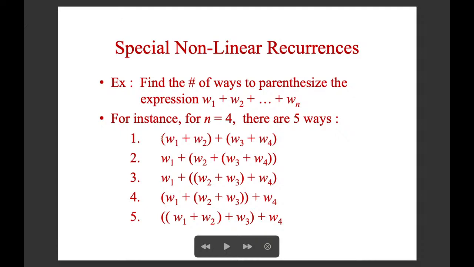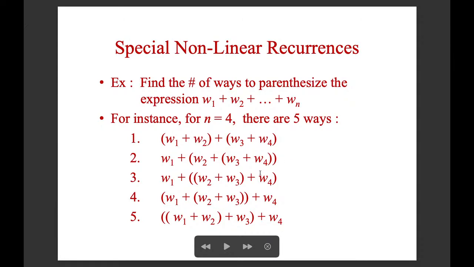Then the number of ways to do so will be how many ways of adding 2 values multiplied with how many ways of adding 2 values. For the cases like 2 and 3, these are the 2 cases such that this is the last plus sign. This will be equal to the number of ways to add 1 value multiplied with the number of ways to add 3 values.